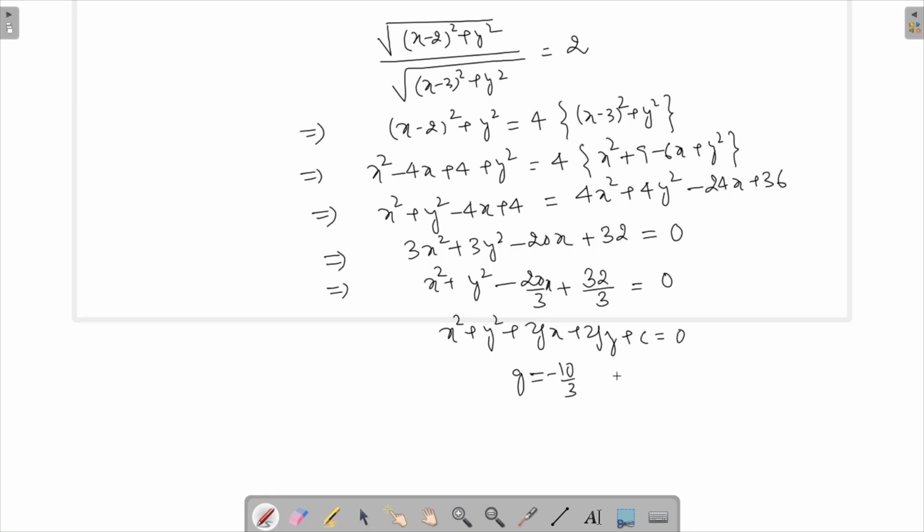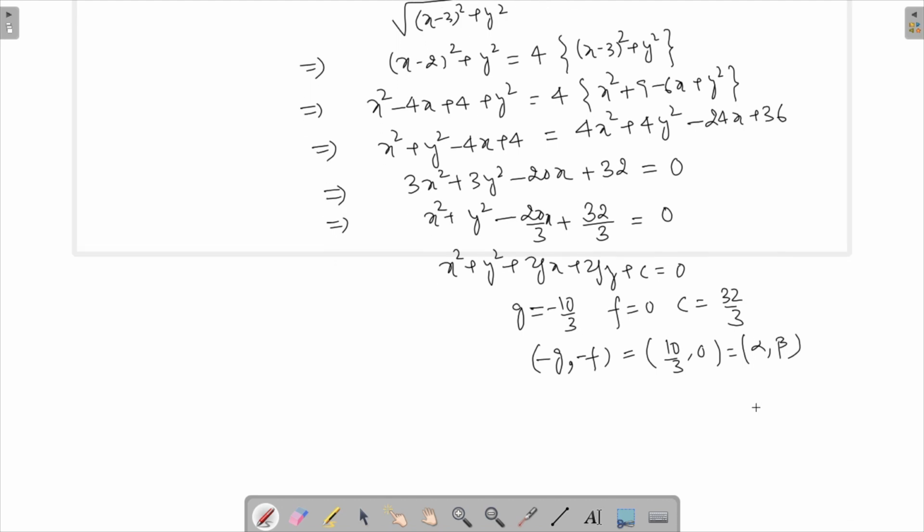My f is going to be equal to 0. My c is going to be equal to 32 by 3. So the center of the circle will be (minus g, minus f), and that would be actually (10 by 3, 0). So that is my alpha and beta.